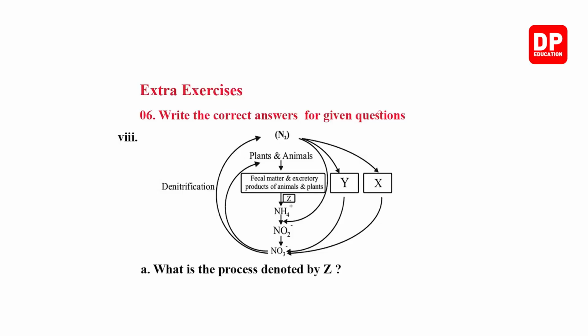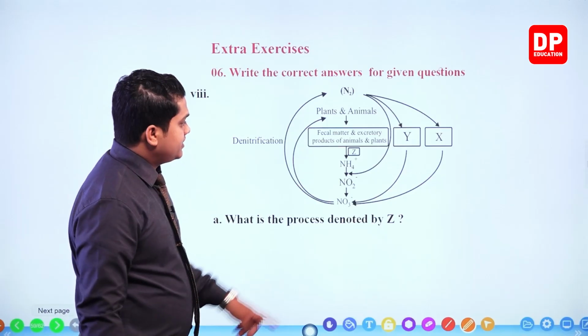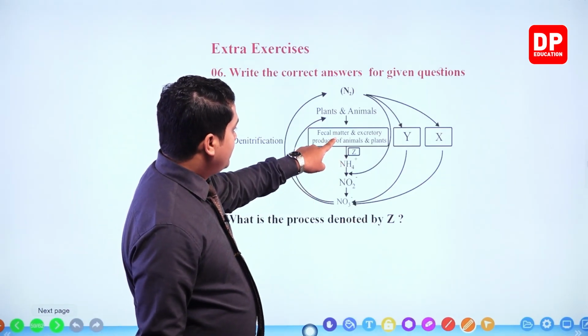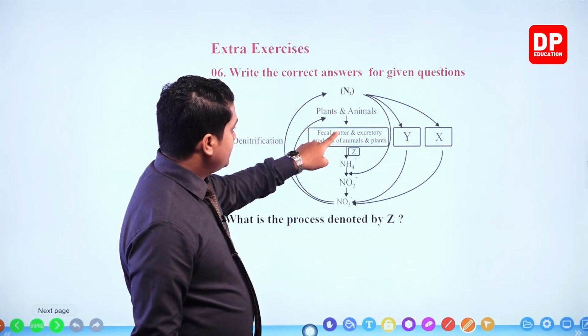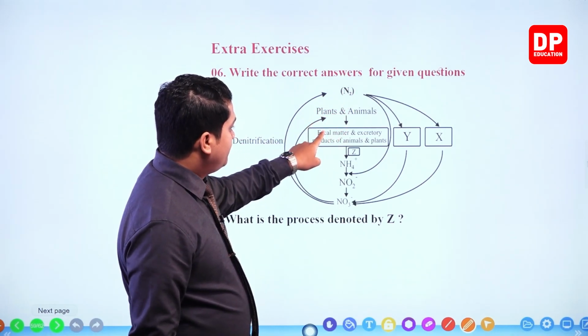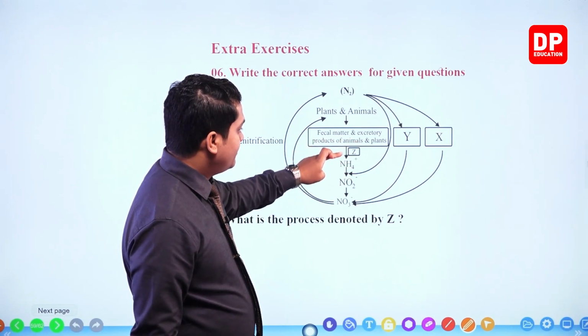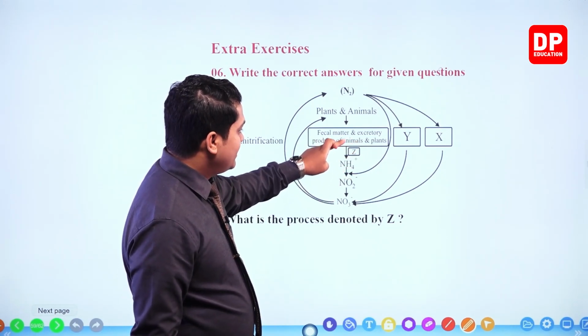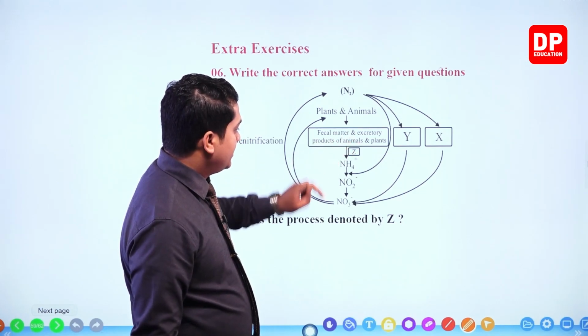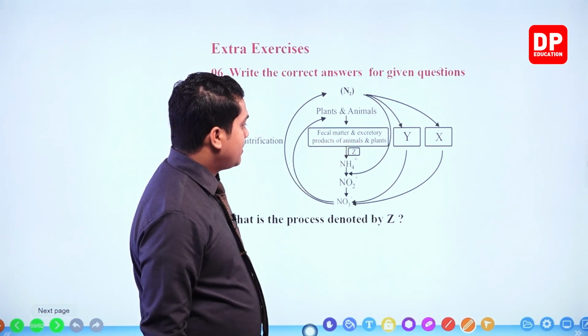So write the correct answers for the given questions. Next one. What is the process denoted by Z? So here nitrogen, plants and animals, fecal matter and excretory products of the animals, Z is getting converted into ammonium compounds.